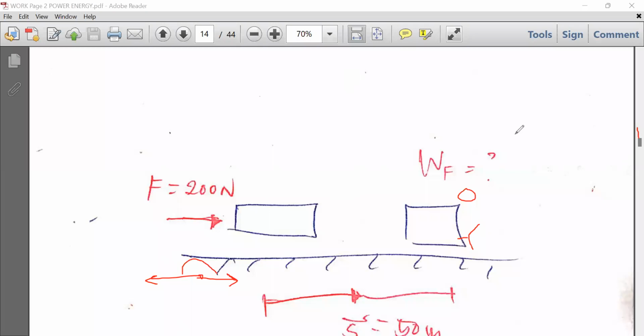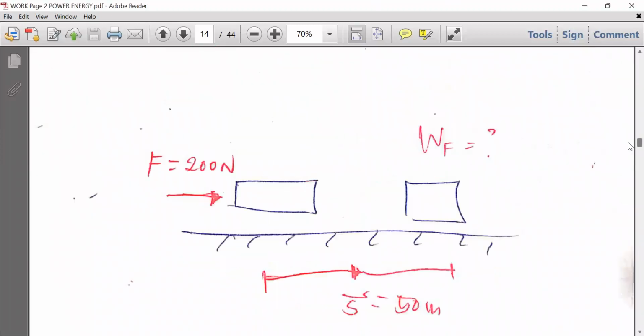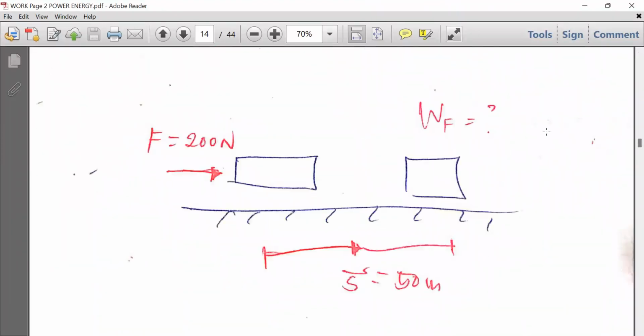In the first example here, let's clear all drawings. You have a force that is 200 Newton. Displacement to the right, 50. What's the work done here? This is case 1, right?